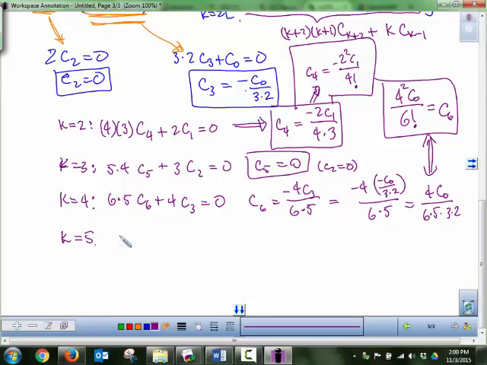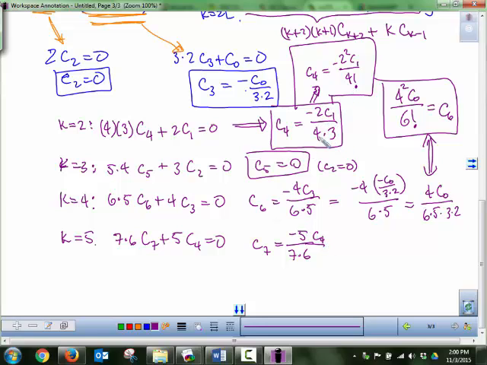5, we get, this is 7 times 6, c sub 7 plus 5, c sub 4 is equal to 0. So c sub 7 is equal to negative 5 over 7 times 6, c sub 4.